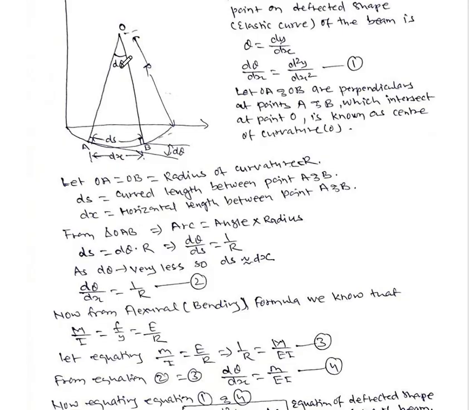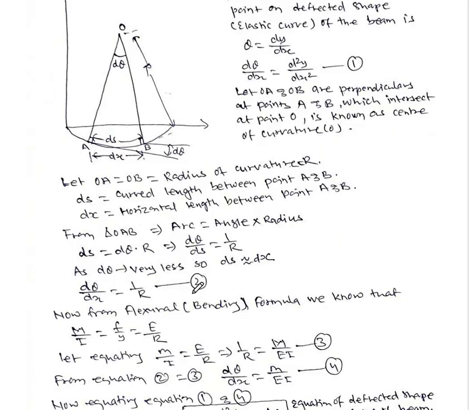As this angle d theta is very small, this curved length ds can be taken as approximately equal to this horizontal length dx. So in place of ds, we can write dx. So d theta divided by dx is equal to 1 by r, and this one is our equation number 2.